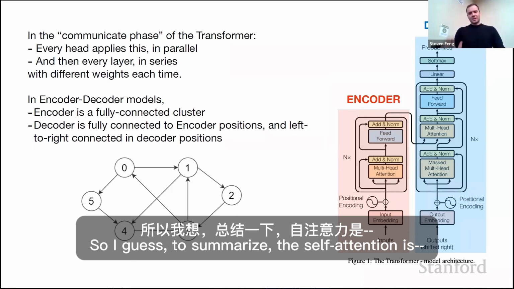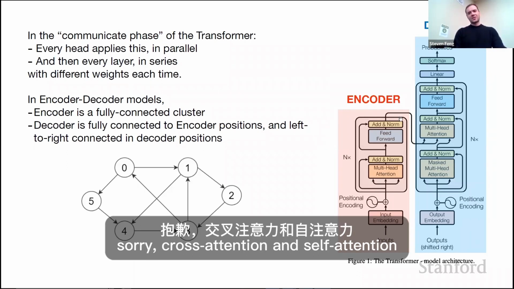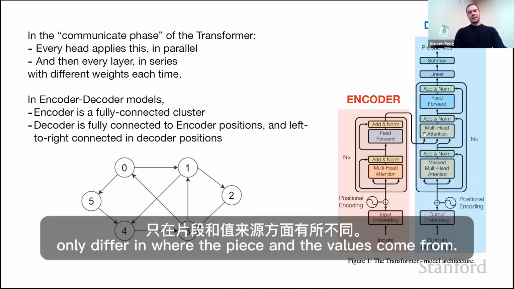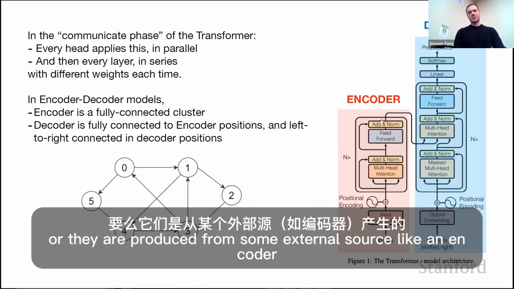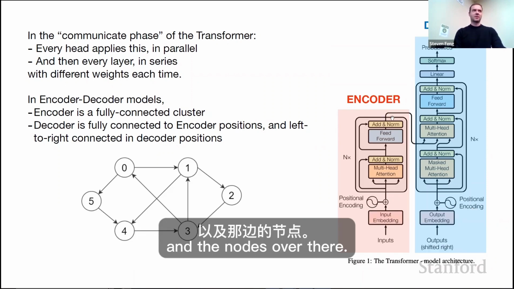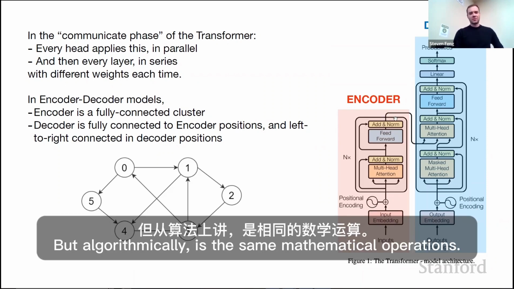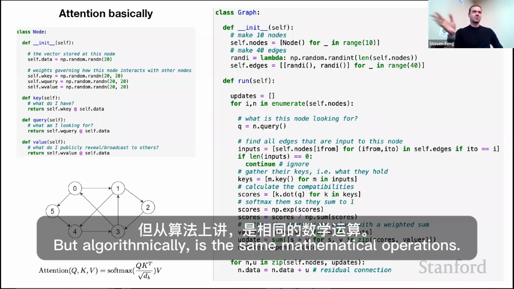So to summarize, cross-attention and self-attention only differ in where the keys and the values come from. Either the keys and values are produced from this node, or they are produced from some external source like an encoder and the nodes over there. But algorithmically it's the same mathematical operations.